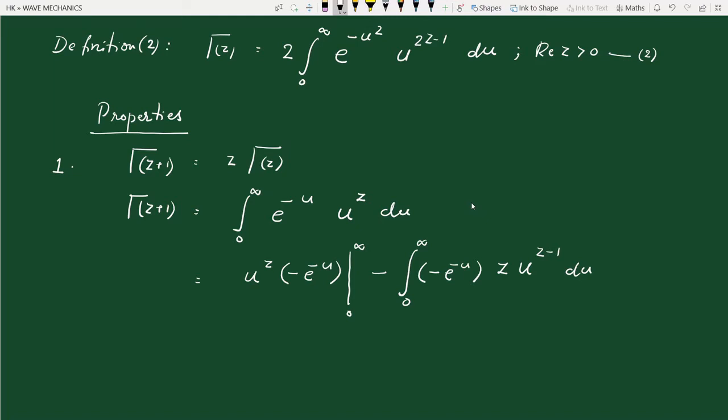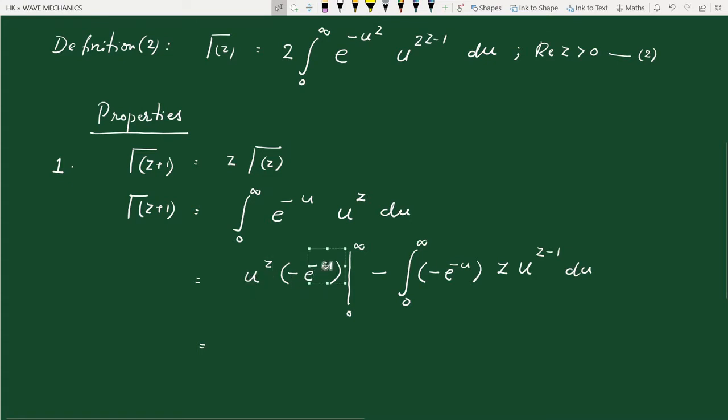So now we put the limits here. In this first term, when you put the upper limit, u equal to infinity, we get e raised to minus infinity, which is 0. e raised to minus u is there, u raised to z is there. So when you put infinity, this u raised to z part will increase, but the e raised to minus u part will decrease, and we know that the exponential function varies faster than this polynomial, right?